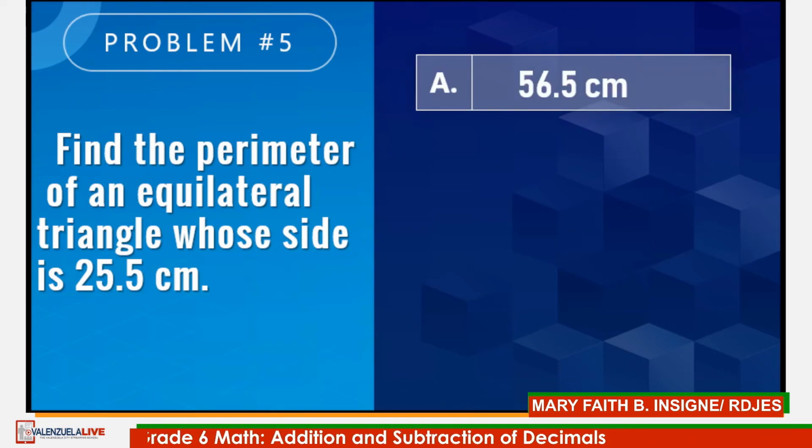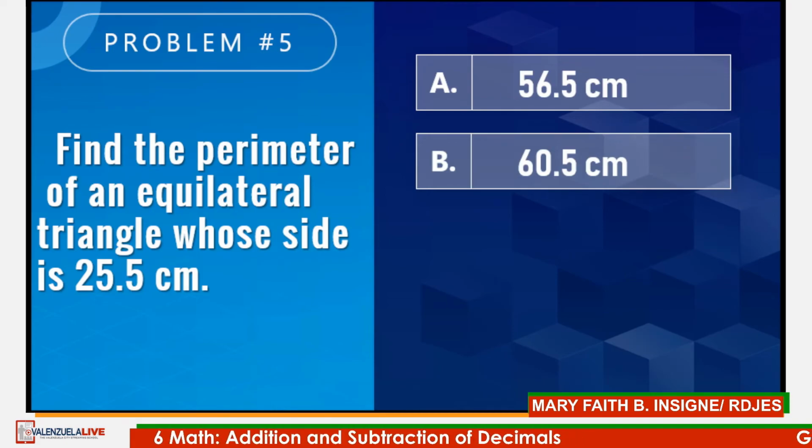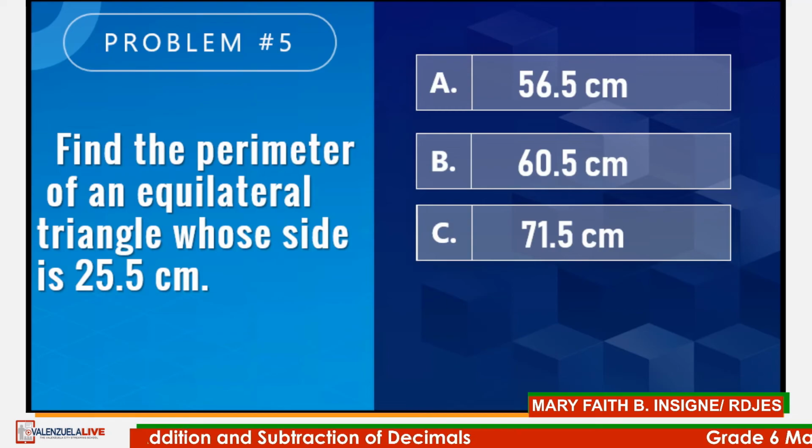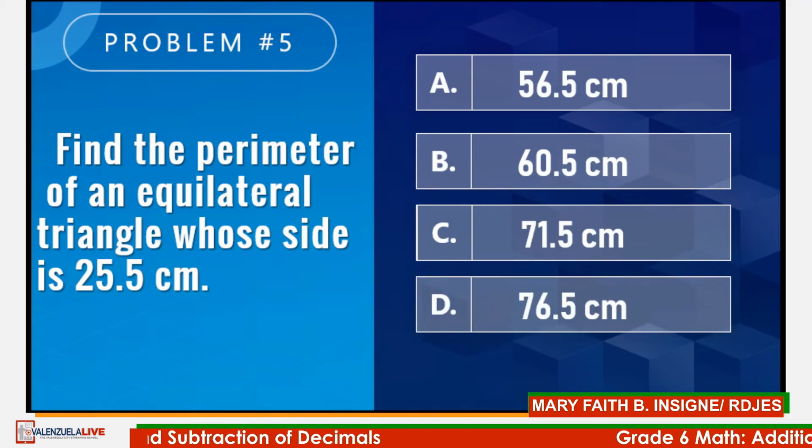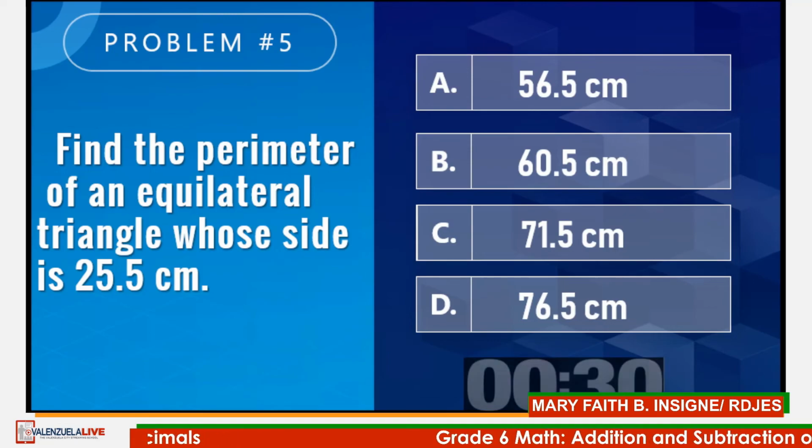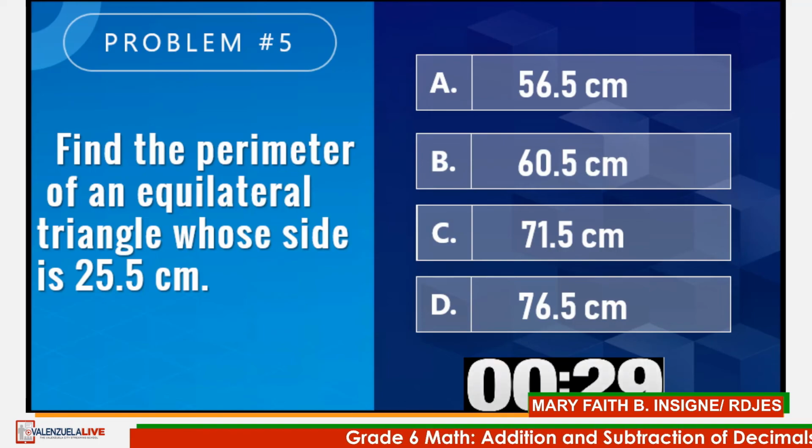The choices are letter A, 56 and 5/10 centimeters. Letter B, 60 and 5/10 centimeters. Letter C, 71 and 5/10 centimeters. And letter D, 76 and 5/10 centimeters. Your 30 seconds timer starts now.